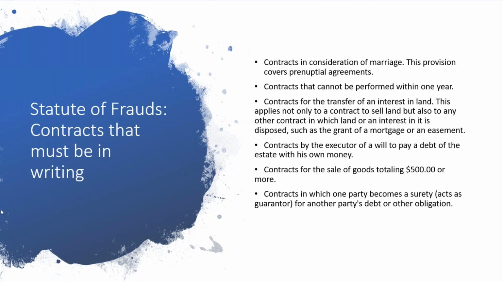Those contracts are contracts in consideration of marriage, contracts that cannot be performed in 1 year, contracts for the sale of land, contracts for the sale of goods totaling $500 or more, and contracts in which there is a surety, or a promise to pay the debt of another.